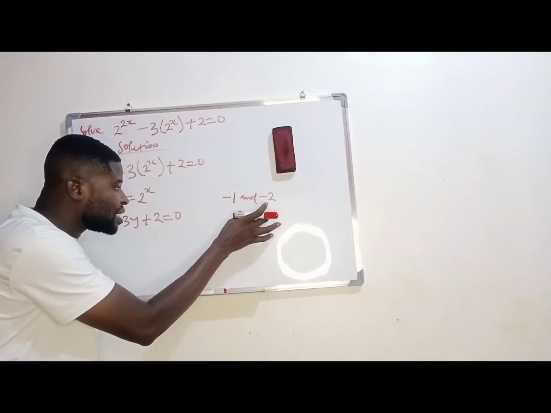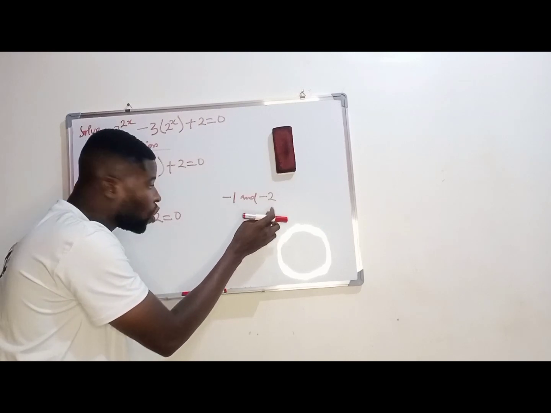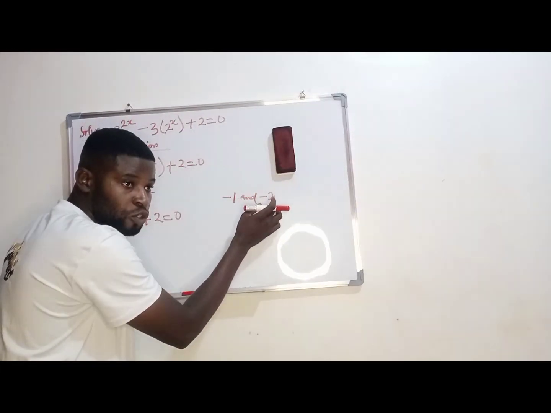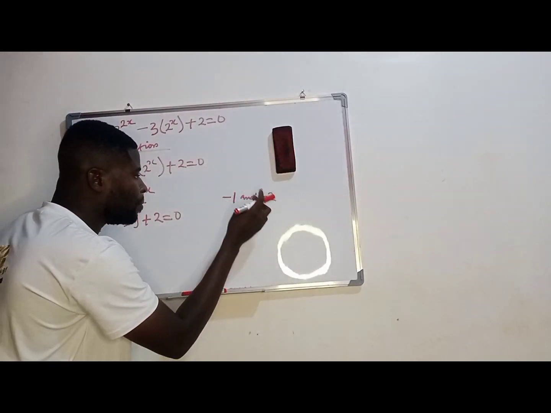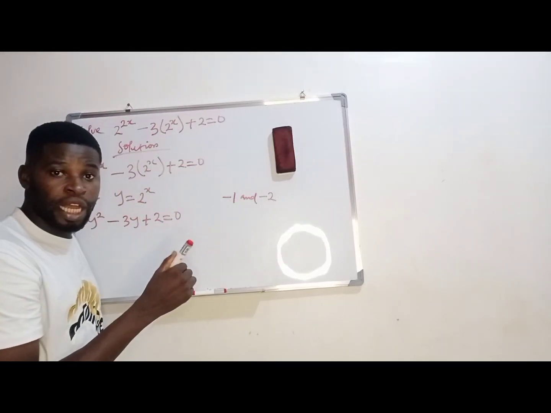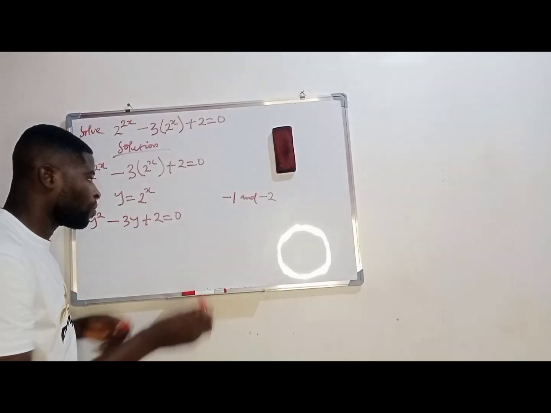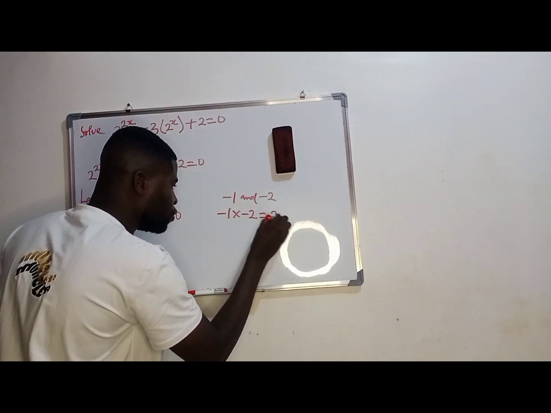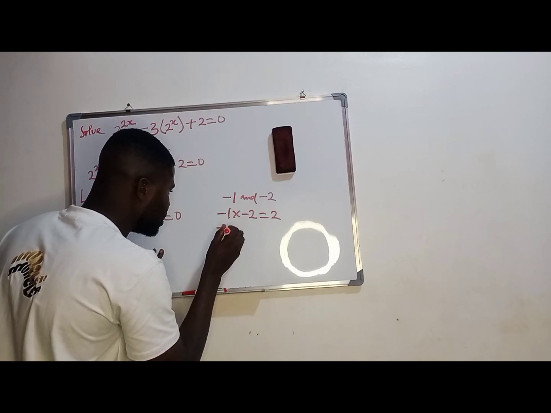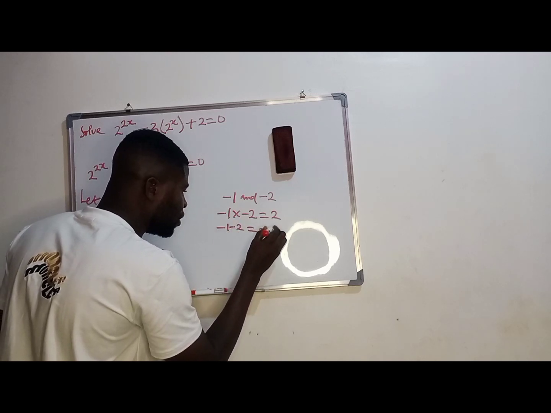I say the two numbers that will satisfy what we need are minus 1 and minus 2, because minus 1 multiplied by minus 2 is equal to 2, and minus 1 minus 2 will give us minus 3. This is what I mean.